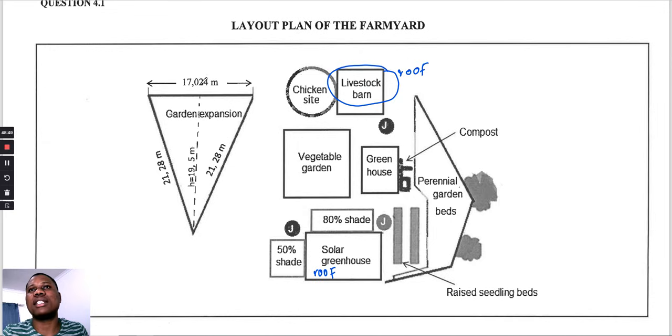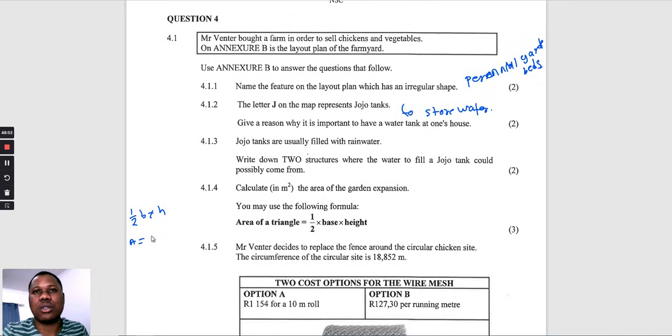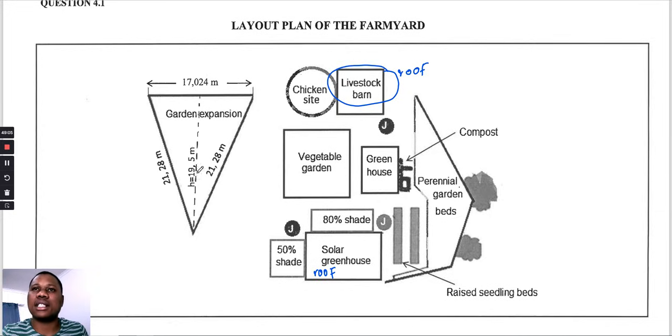So our base is 17,024. We're going to have 1/2 multiplied by 17,024 meters multiplied by our height. Our height is 19,5 meters.